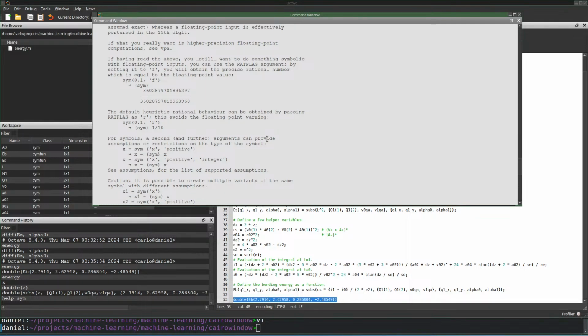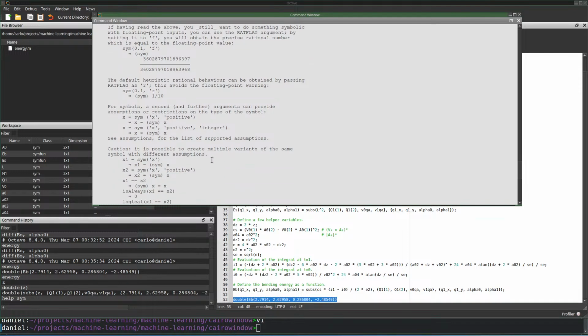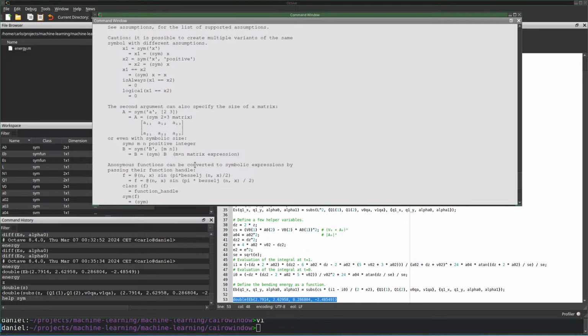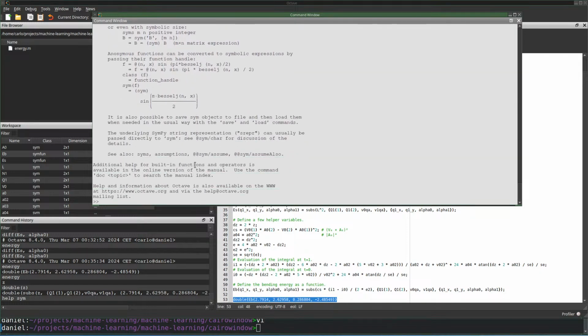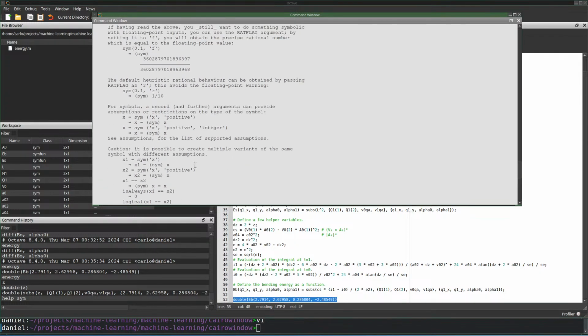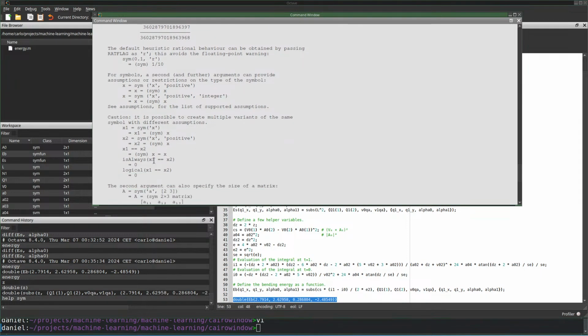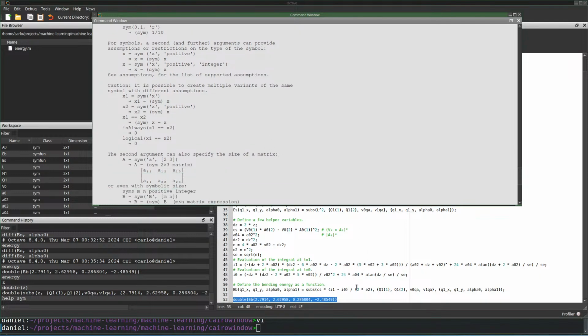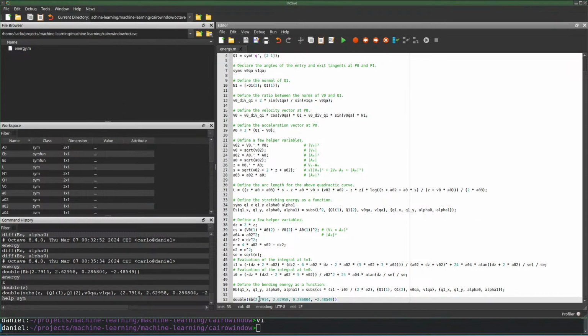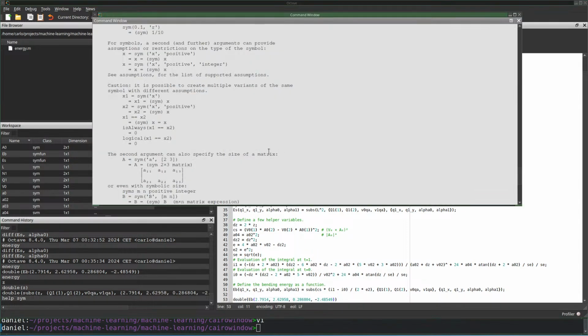Symbols, a second argument: the symbol type. Positive integer, that's not about that problem. Okay. So apparently I can make it a symbol. And I'm totally happy with an F. Not going to edit that.